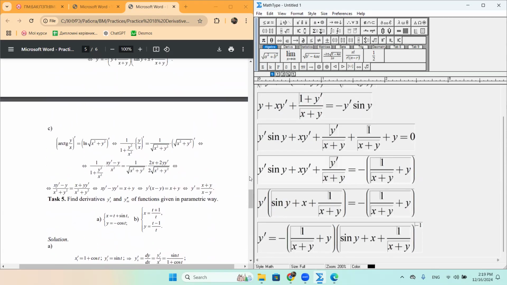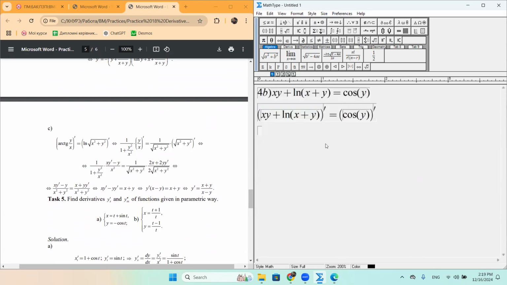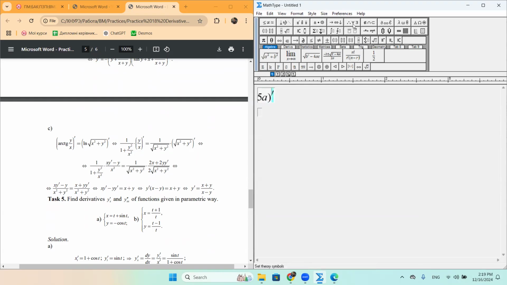So we need to solve finding derivatives of a function that is given in a parametric form. So now what do we have, by the way?